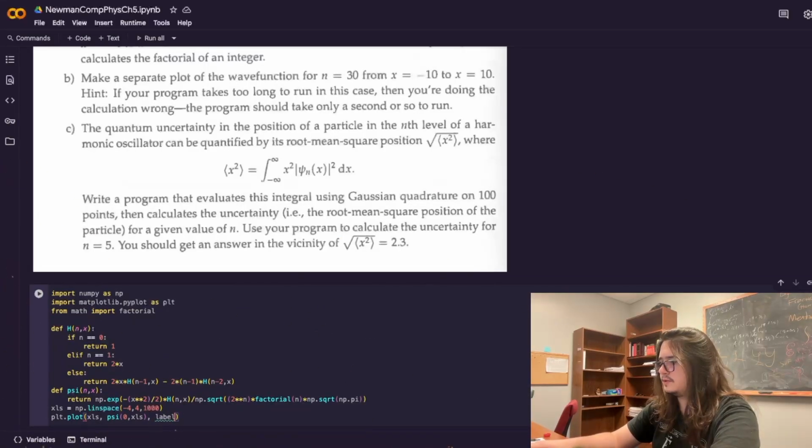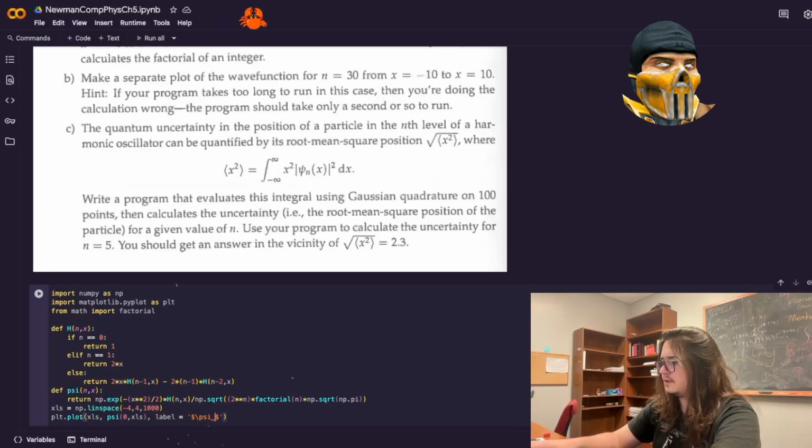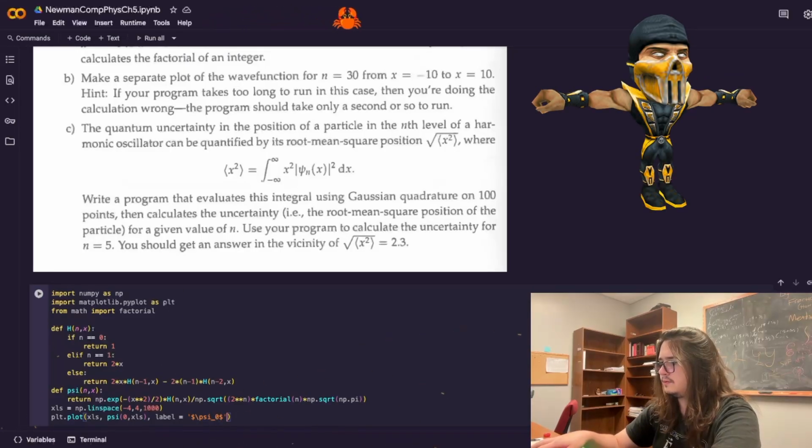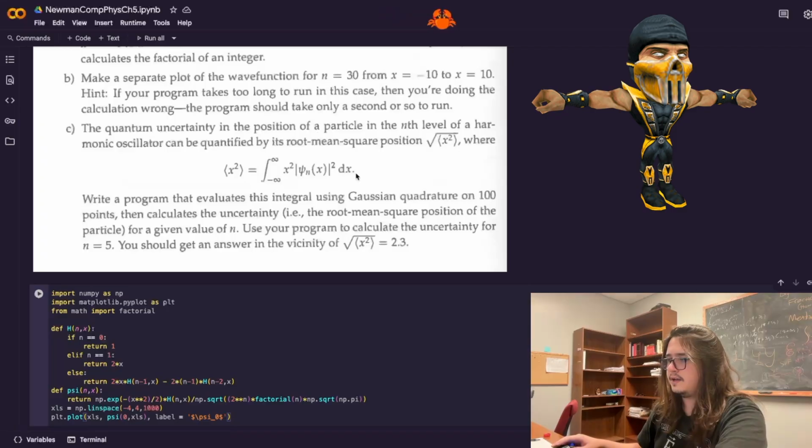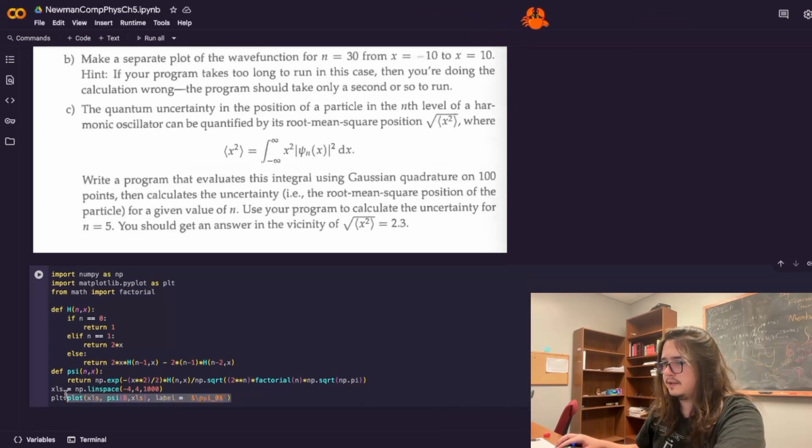I'm actually going to use LaTeX for this, backslash psi sub 0.